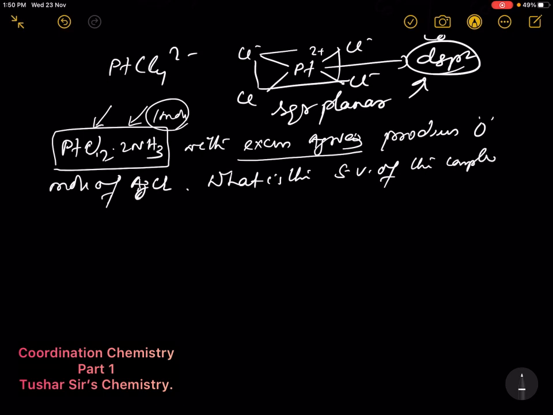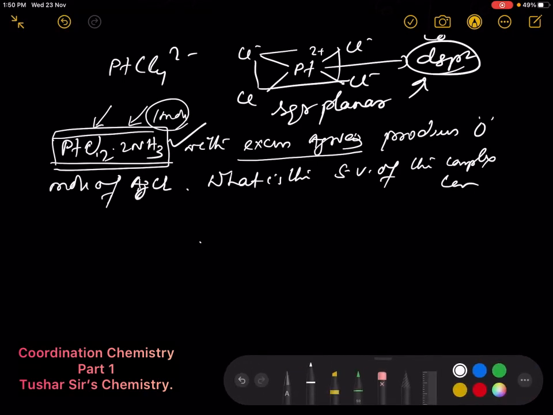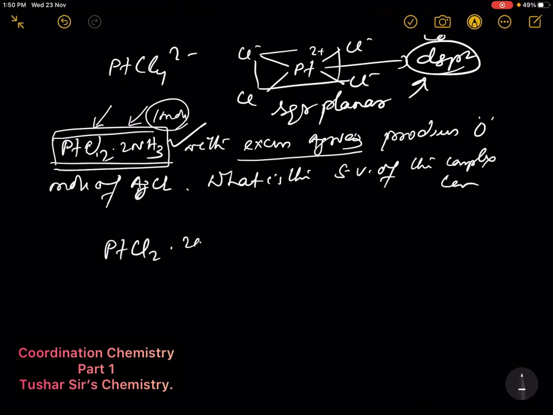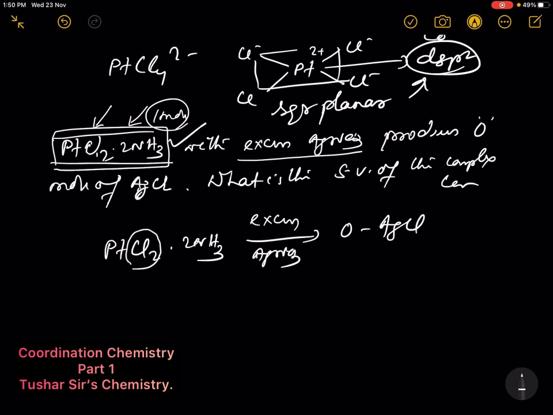PtCl2·2NH3 with excess silver nitrate produces 0 mole of AgCl, means no chlorine is present outside the square bracket. You won't find any chlorine atom outside the square bracket, so it should be inside: [Pt(NH3)2Cl2].